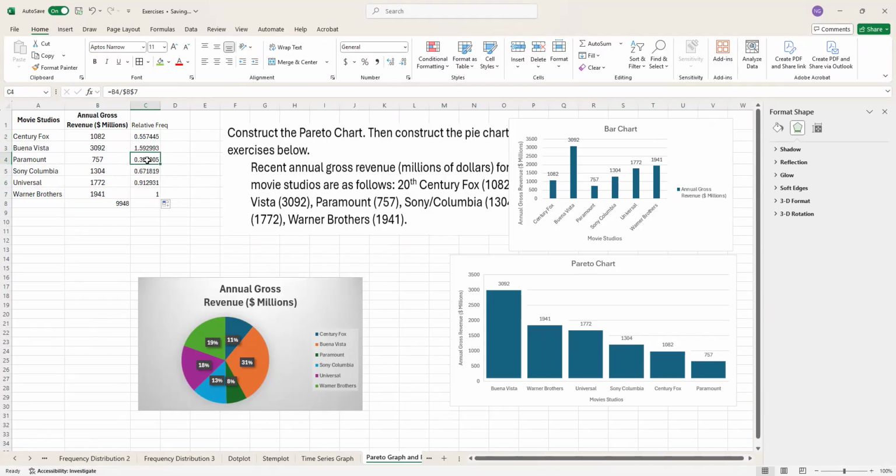Oh, that was not the totals. Okay, that's why I don't see it. All right, so we're gonna do equals frequency divided by the totals. This is the totals. Then F4 to put the dollar sign, that means everything would be divided by that number. So we go down.